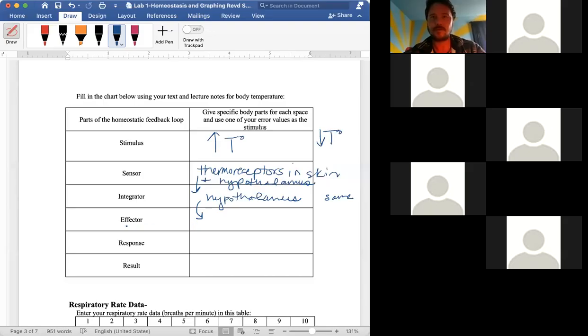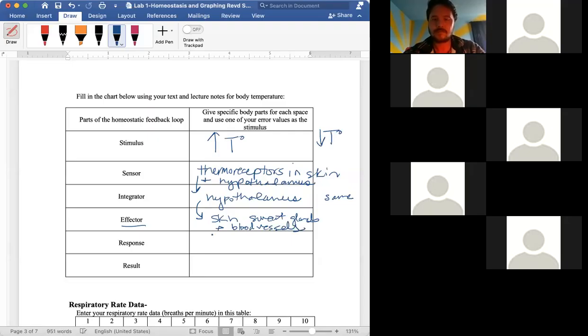So what would be the effector in this situation? Sweat glands and blood vessels throughout the body. Good. So sweat glands, so we can say skin, right? Sweat glands. And blood vessels, thank you, blood vessels.